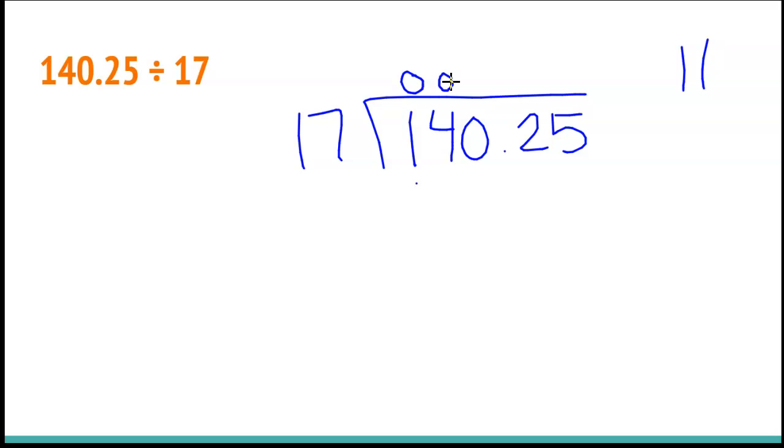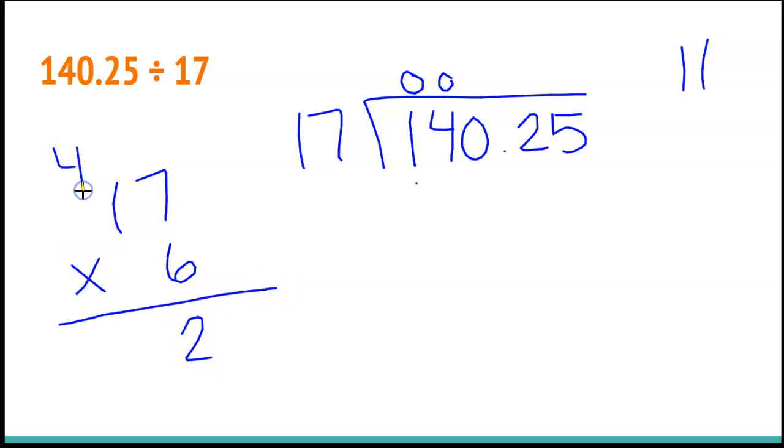I sure can. Okay, so thinking about what that's going to be, well, I know that 20 times 7 would give me 140. 17 is less. So let's try 6. And let's see what I get when I do 6. I get 102. Okay, so I could probably do one more.